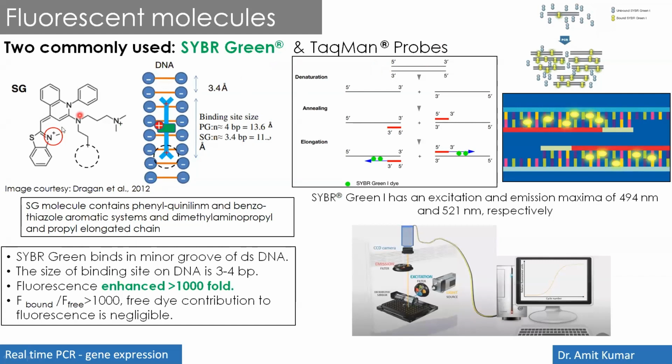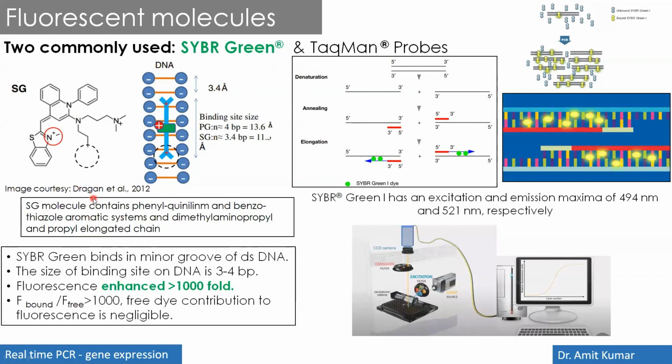Now, SYBR Green is a molecule having an aromatic ring with an elongated chain of propyl and dimethylaminopropyl. What it does is that it intercalates into the double-stranded DNA and binds in the minor groove of the double-stranded DNA. Once it intercalates into the double-stranded DNA, the fluorescence is enhanced by close to 1000-fold.